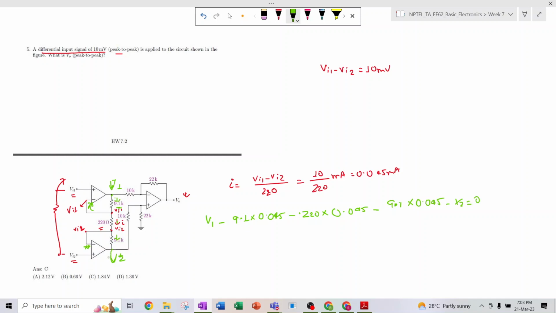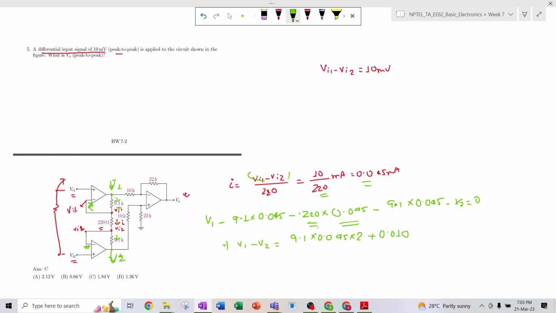This is V2 and this is V1. Okay, so we are getting V1 minus V2 as 9.1 into 0.045, this is coming 2 times, plus 0.220 into 0.045, which is nothing but this current flowing. This is the difference, that is 10 millivolt. So 10 millivolt means 0.010.